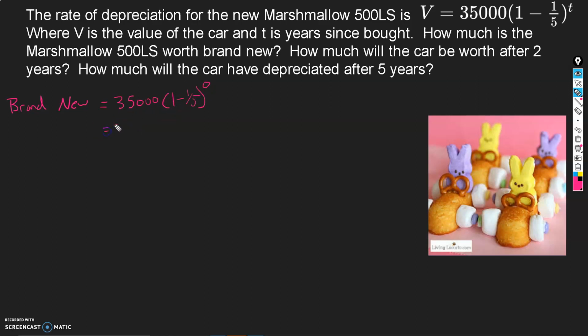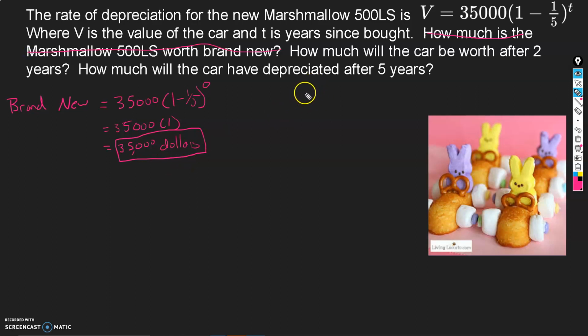Anything to the 0 power is 1. So 35,000 times 1. So brand new, this Marshmallow 500 LS was worth $35,000. So that answers the brand new question.